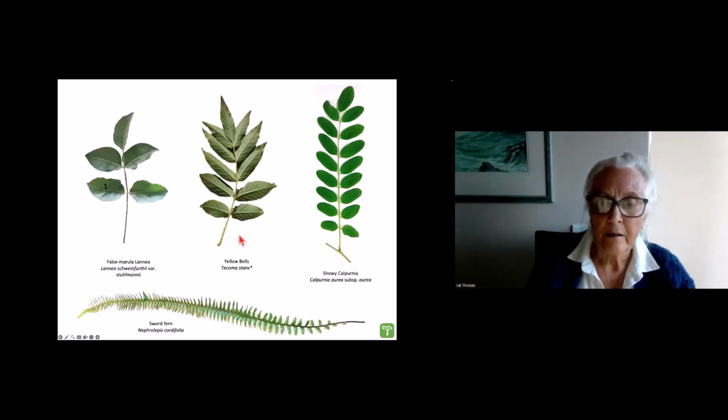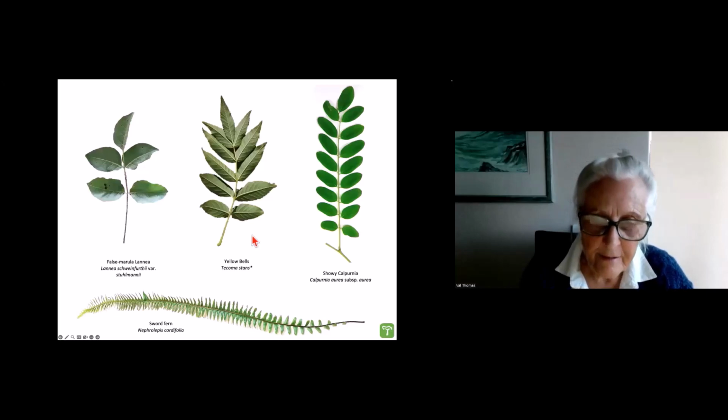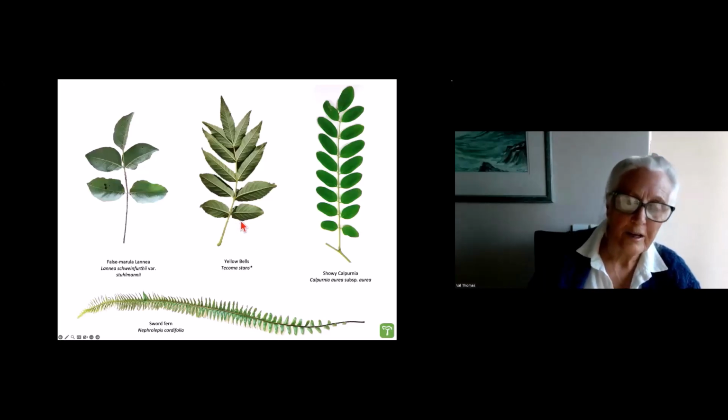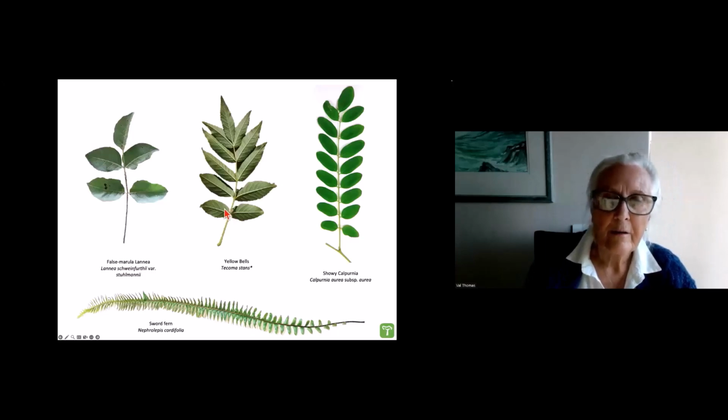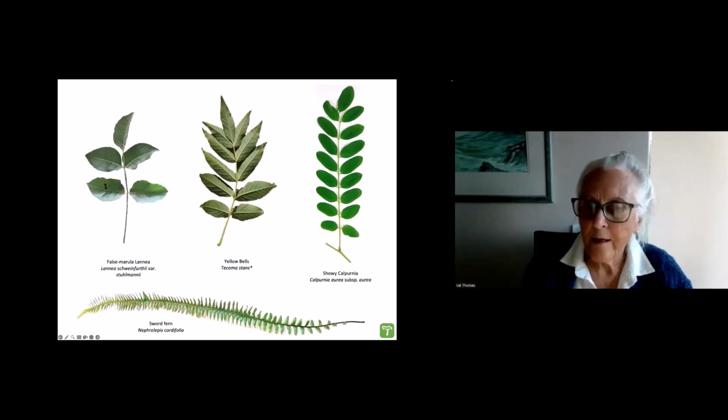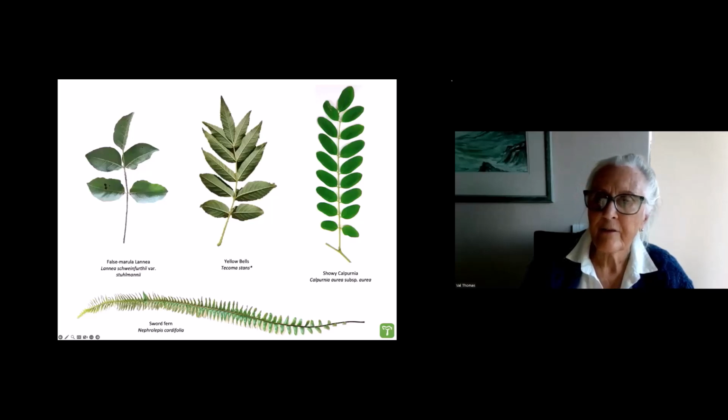Your yellow bells, which is an alien, invasive, Tecoma stans, in Mpumalanga is completely and totally overrun by this terrible plant, which is why it's worth showing you. So your yellow bells has got 1, 2, 3, 4, 5 pairs of leaflets and the single terminal. Your showy Calpurnia has 1, 2, 3, 4, 5, 6, 7, 8 pairs and the terminal on the end.